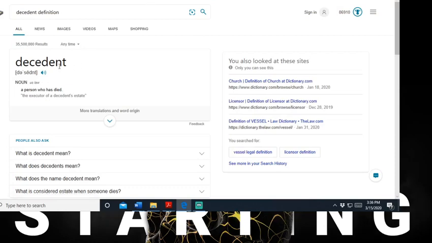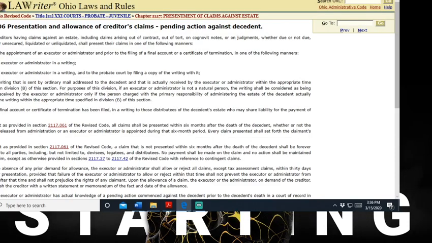When you hear this word decedent, they're talking about a person who's dead. Presentation and allowance of creditors' claims, pending actions against decedents. So, presentation of claims against an estate. So even when you die, they could come and sue and still get your stuff.